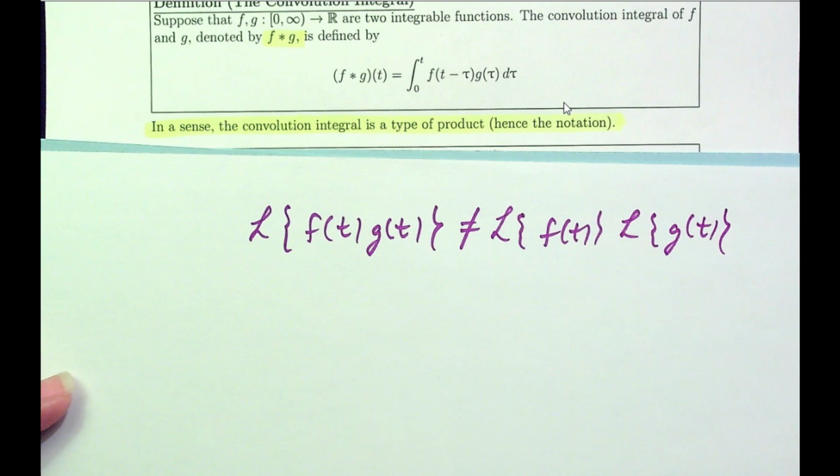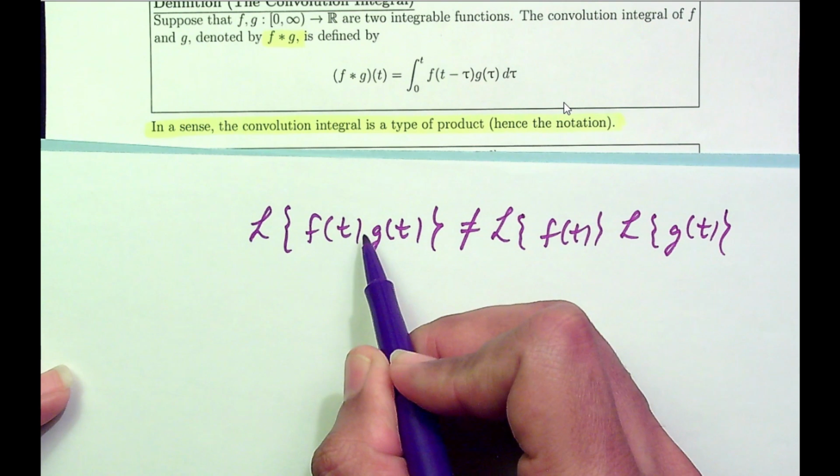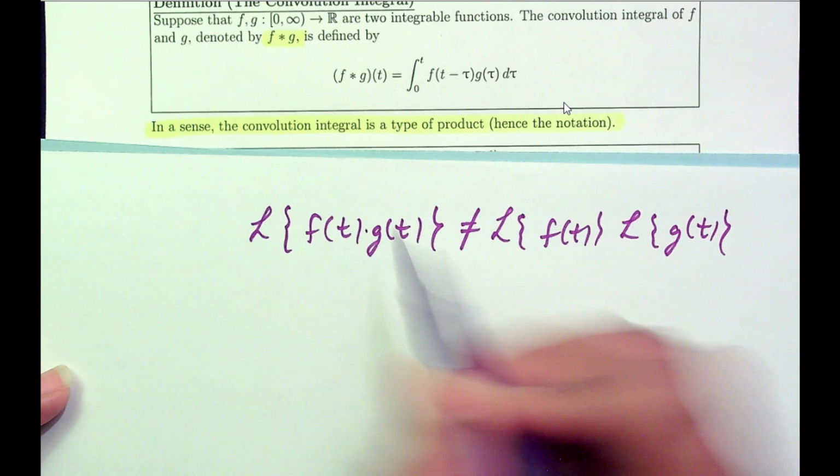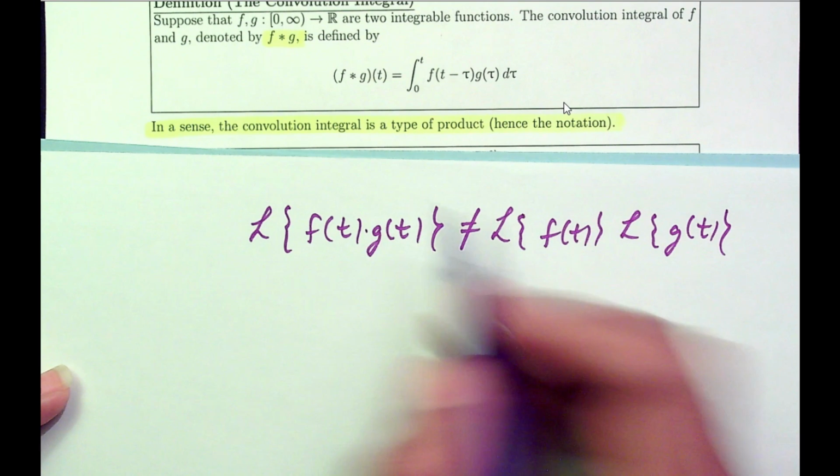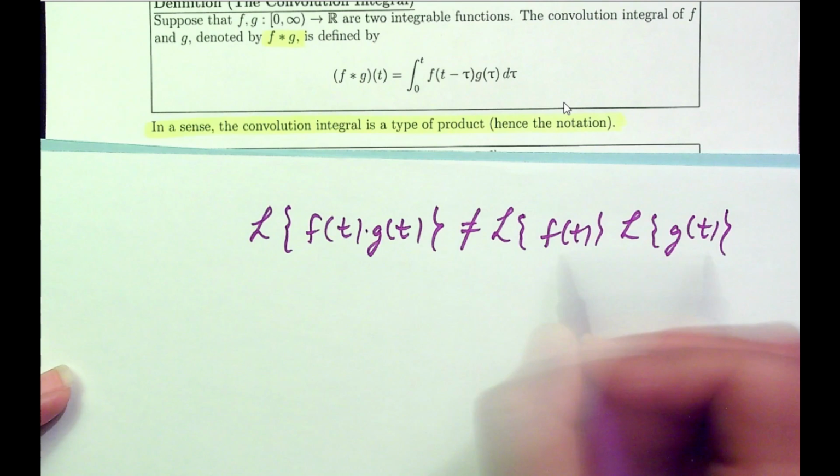That is not true. However, if this product right here, which is just a regular product, were replaced with a convolution product, then this thing right here would be true.